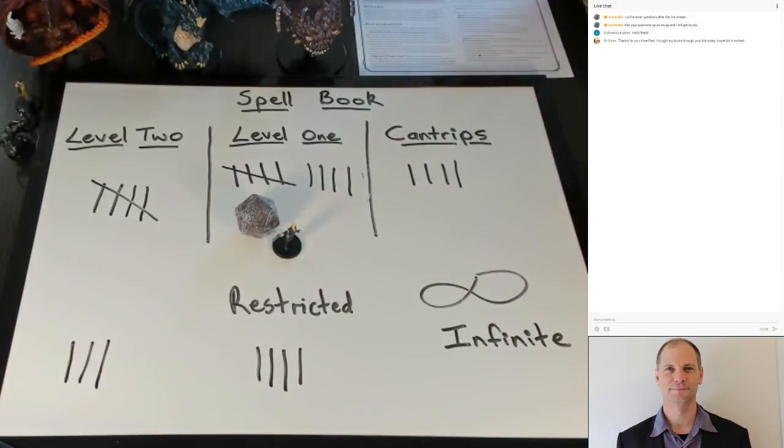With cantrips, it's never an issue. Cantrips are just how they are. You have 3 cantrips or 4 cantrips and you cast them as many times as you like.